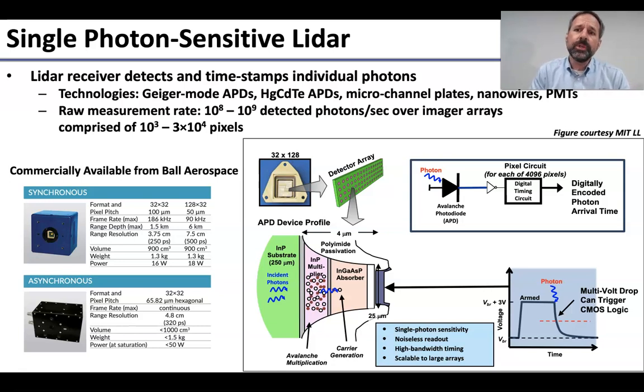But when you put these things together into a large array, one of the promises here is very large measurement rates. Now, let me talk just a bit here about a sensor chip assembly of one of these Geiger-mode APD arrays. It's an array of avalanche photodiodes. This is a cross-section showing kind of a cartoon of how this works. The incident light is back illuminated.